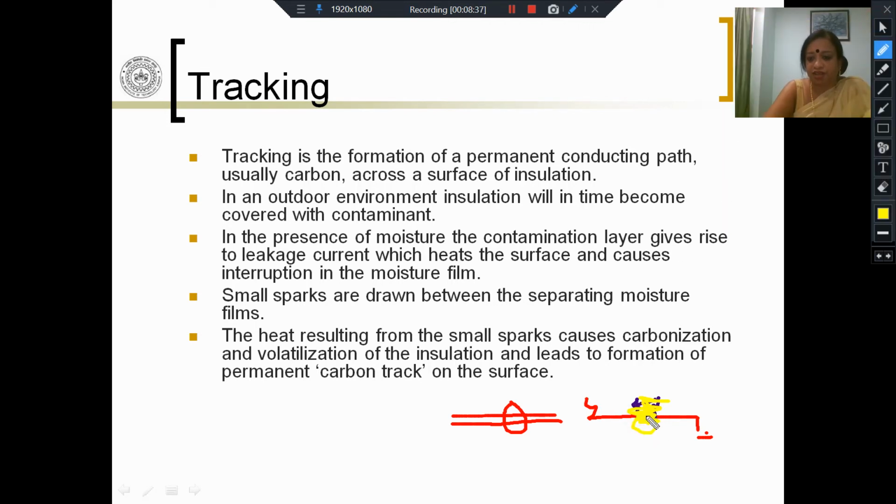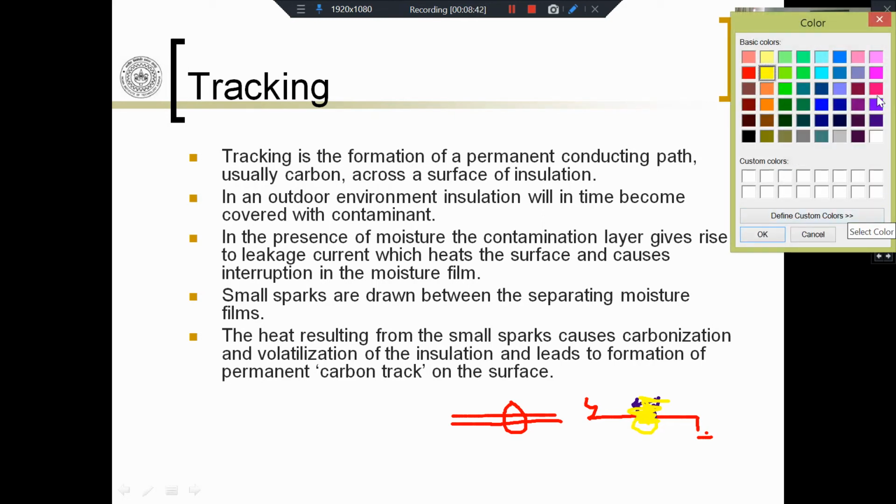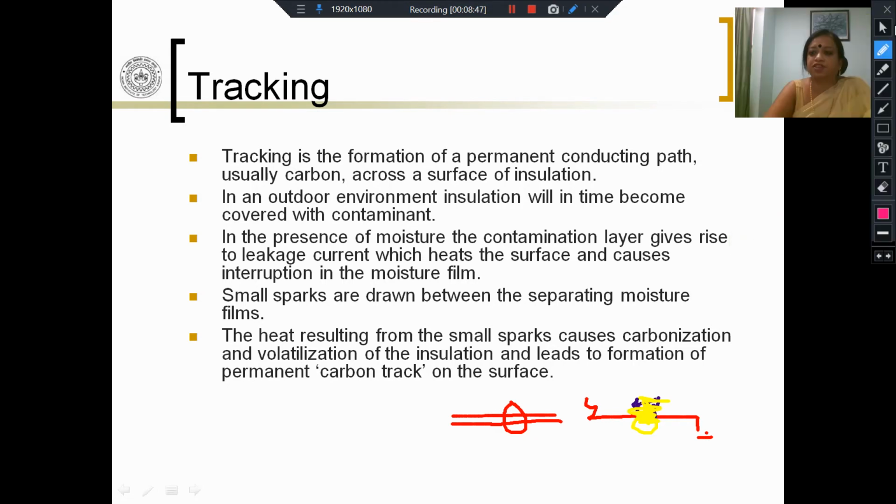This region will be damaged, and as a result, what kind of damage would you have? It is not a damage only to the contamination layer, but you would have a damage to the surface of the insulator. So what might happen is there might be degradation of the surface of the insulation. So material may be completely eroded from the surface of the insulator, and then because of the degraded surface, more and more arc may tend to flow, more and more currents may tend to flow through this region.